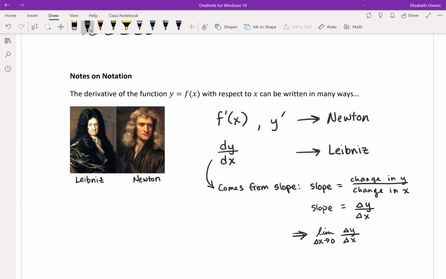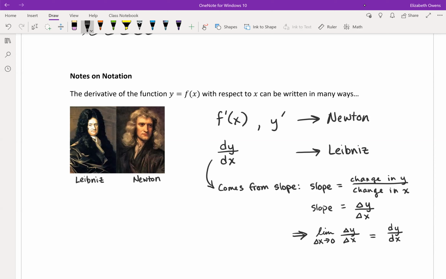And at that stage, Leibniz decided to say, instead of delta x, I'm just going to say dx to show that this is representing something different. This is an infinitesimally tiny change in x. So this tiny thing, delta x, gets replaced with dx for the notation. And similarly, delta y on top is also a very tiny, infinitesimal change in y. That's why we get dy over dx. So that's the idea of where this Leibniz notation is coming from.